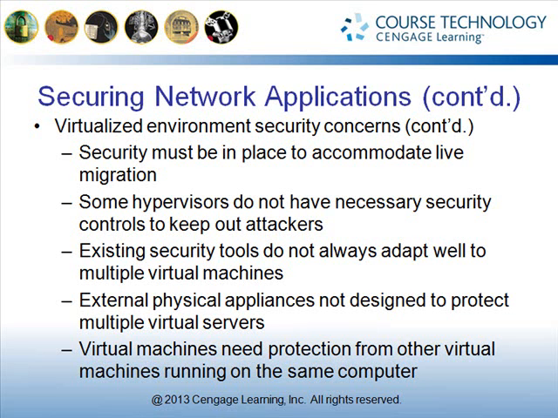Existing security tools like antivirus, anti-spam, and IDS, again, were designed for single physical servers, and sometimes they don't adapt well to multiple virtual machines. Some security tools are external physical appliances that are designed to protect one or more physical machines and not multiple virtual machines. And virtual machines must be protected not only from the outside world, but from other virtual machines on the same physical computer.